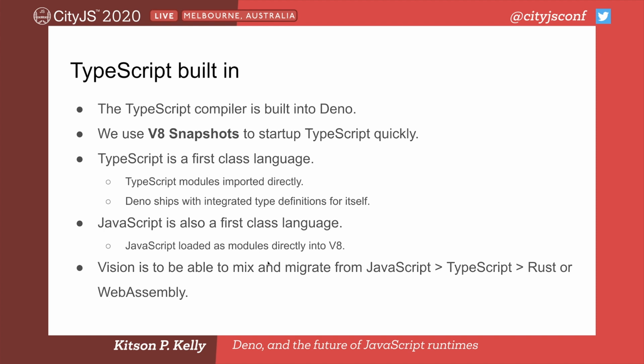So one of the things that we wanted to do with Deno is to make TypeScript a first-class language, and really try to get it so that it's as straightforward to run TypeScript as it is JavaScript, and from a usability standpoint, it's pretty darn close at the moment.